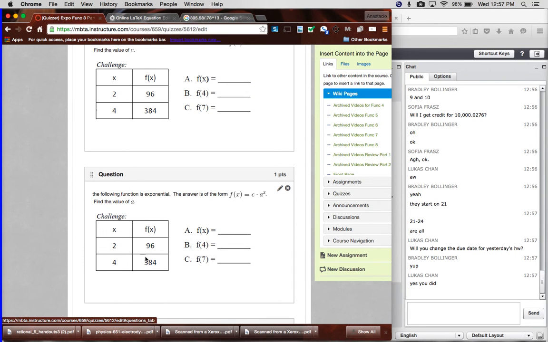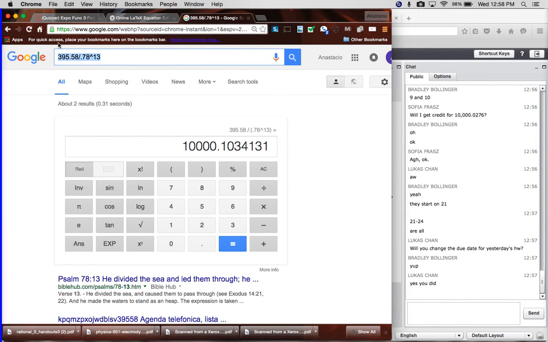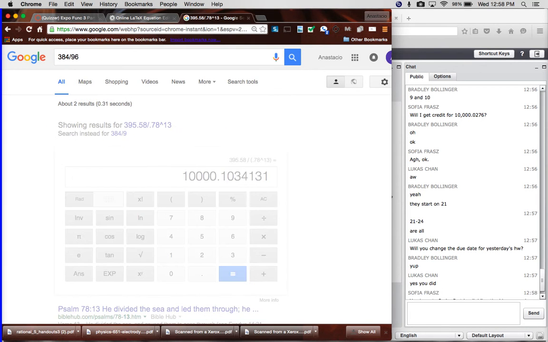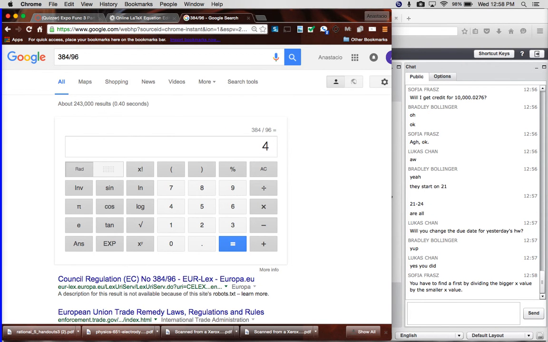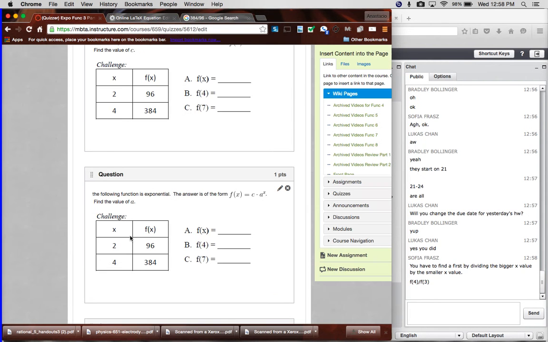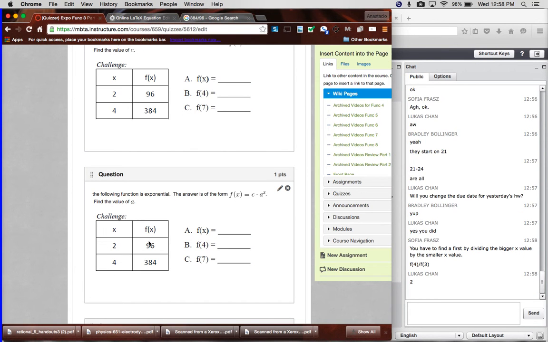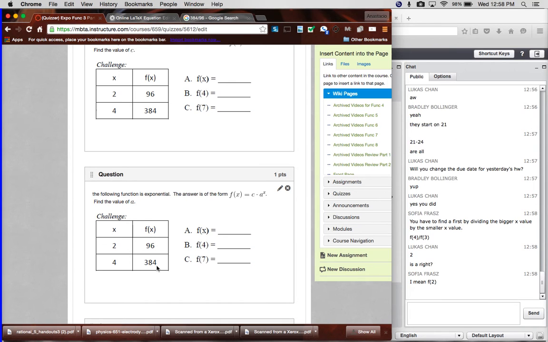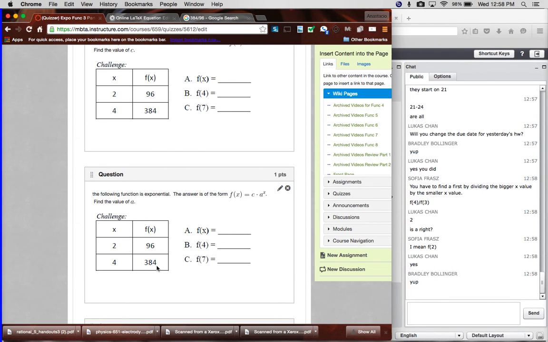So in order to get the ratio, you go 384 divided by 96. 384 divided by 96 is 4. Okay? So that means if I multiply 96 by 4, I will get 384. Is that cool? All right.